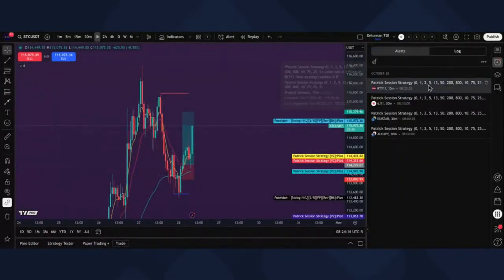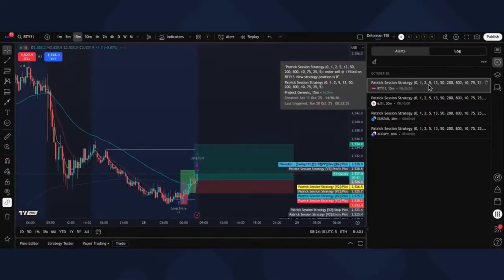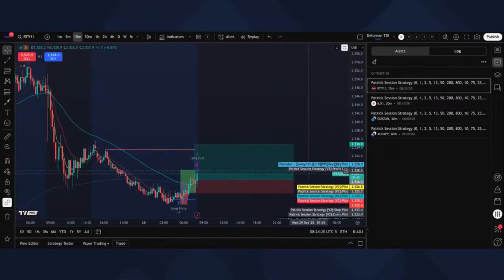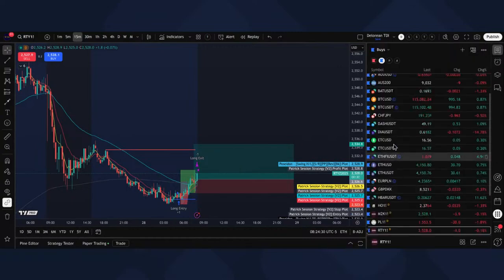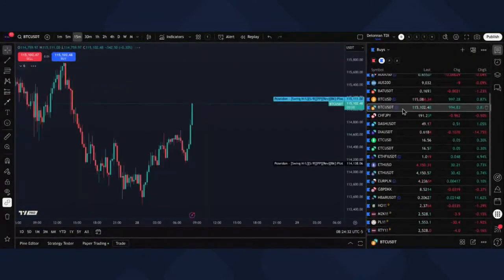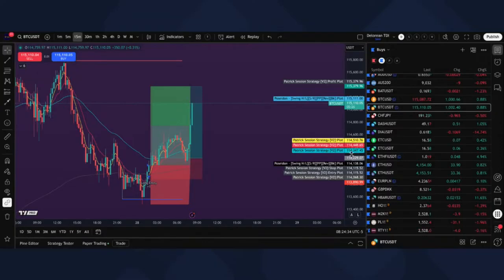That was RT1 on the 15-minute. All right, about 5 minutes and 20 seconds left to go to the opening bell of the New York Stock Exchange.